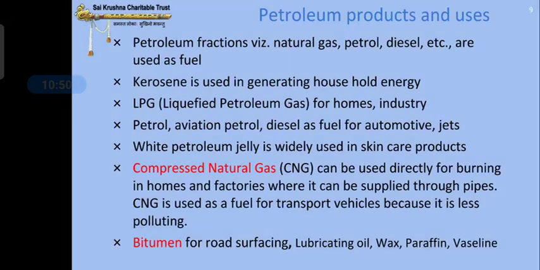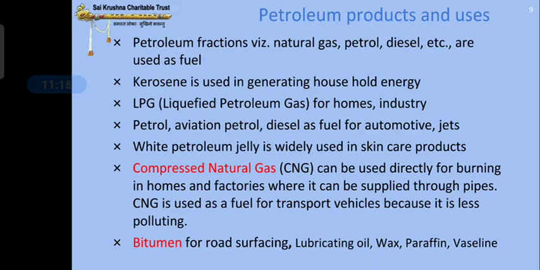So, petroleum products and uses. Petroleum fractions, that is natural gas, petrol, diesel, etc., are used as fuel. You all know that, right? Petrol and diesel you use as fuel for vehicles. Kerosene is used in generating household energy, so you use kerosene for a stove.